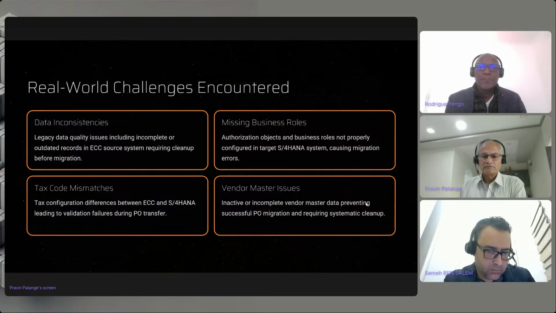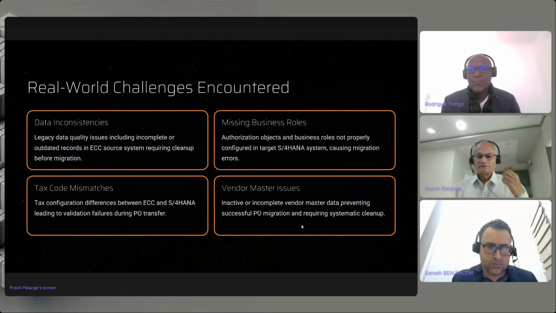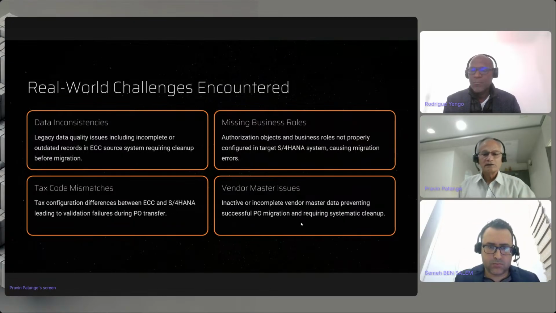In addition, frequent configuration changes in S4HANA during migration testing created instability and required repeated adjustments to mapping and validation logic. So those were the prominent challenges we encountered during this process.